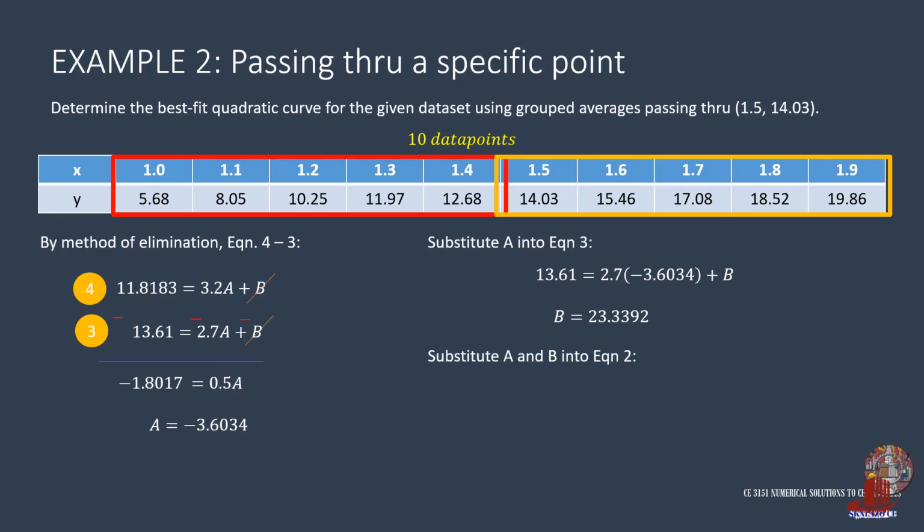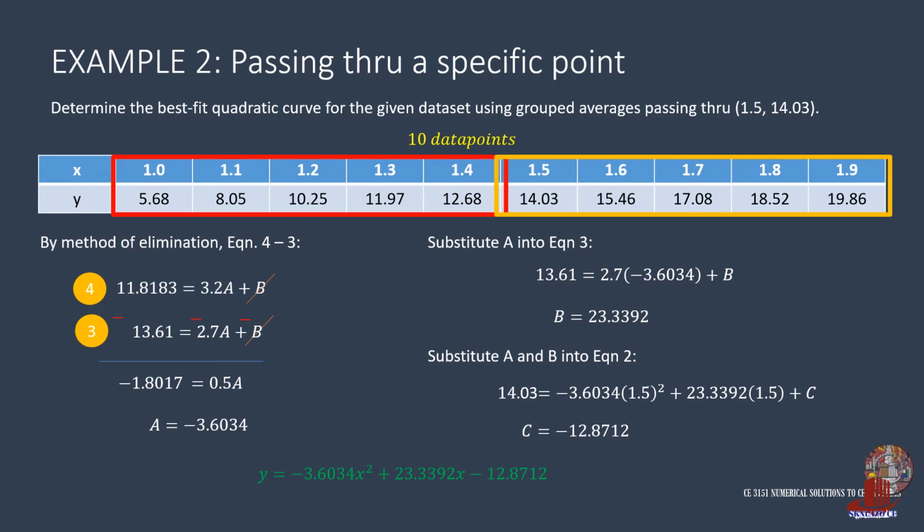Substitute a and b into equation 2 to have 14.03 equal to negative 3.6034 times 1.5 squared plus 23.3392 times 1.5 plus c. C is then computed as negative 12.8712.